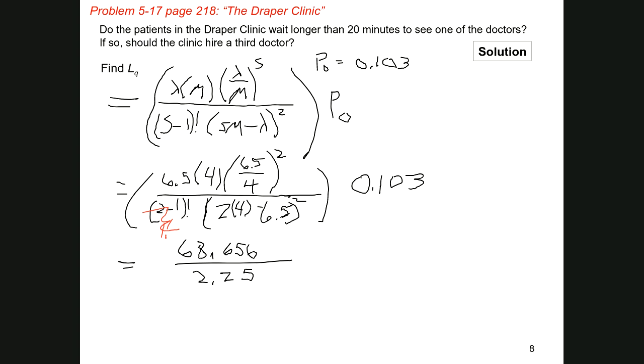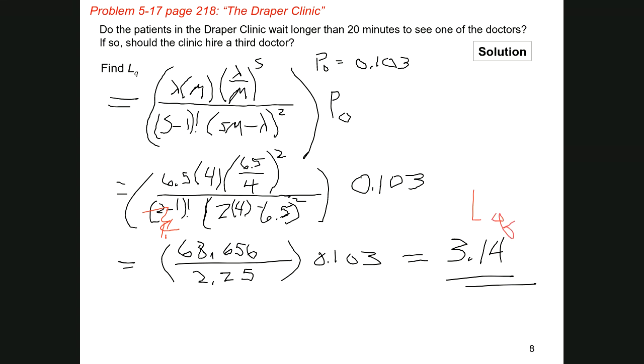Then we multiply this by 0.103, and lo and behold, this turns out to be 3.14. At this point, ask yourself, what is 3.14? Well, 3.14 is L sub Q.